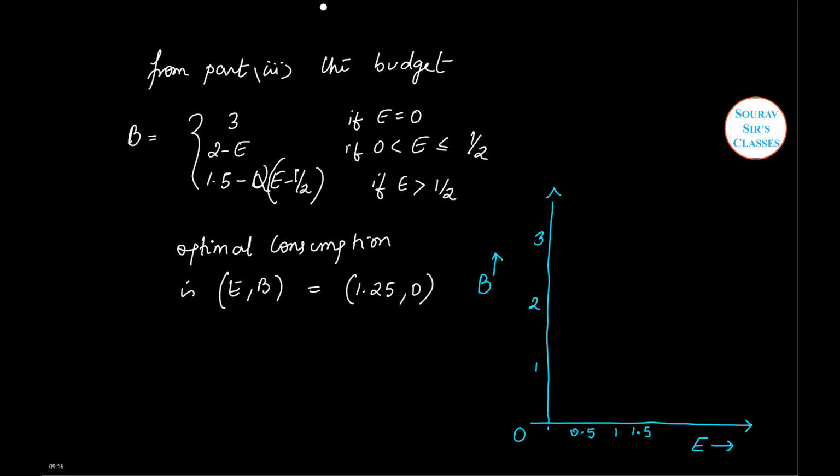So how will we denote it using a graph? This graph is when I is equal to 3 and R is equal to 1. First we will draw the IC. Let us draw it, parallel lines.